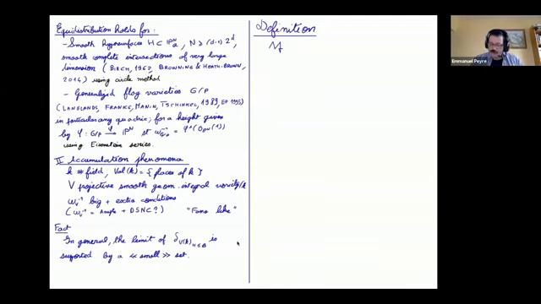So the point is that, well, if V is a projective model of V over some ring of integers OS, where S is a finite set of places.